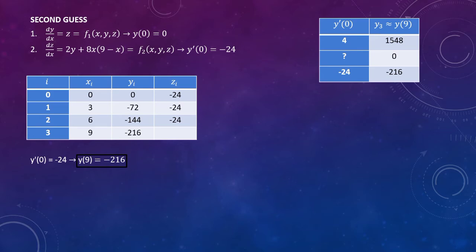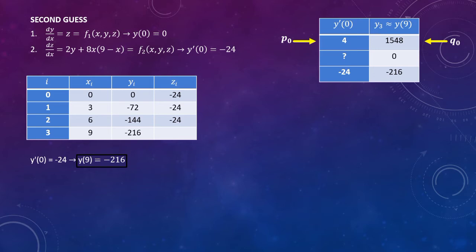So in the first column we have y prime at 0, and in the second column we have y sub 3, which is just equal to y at 9. So we have here 4, 1548, negative 24, negative 216, right? Before using interpolation, we will assign these values on the table to other variables. For p naught, we will assign 4.